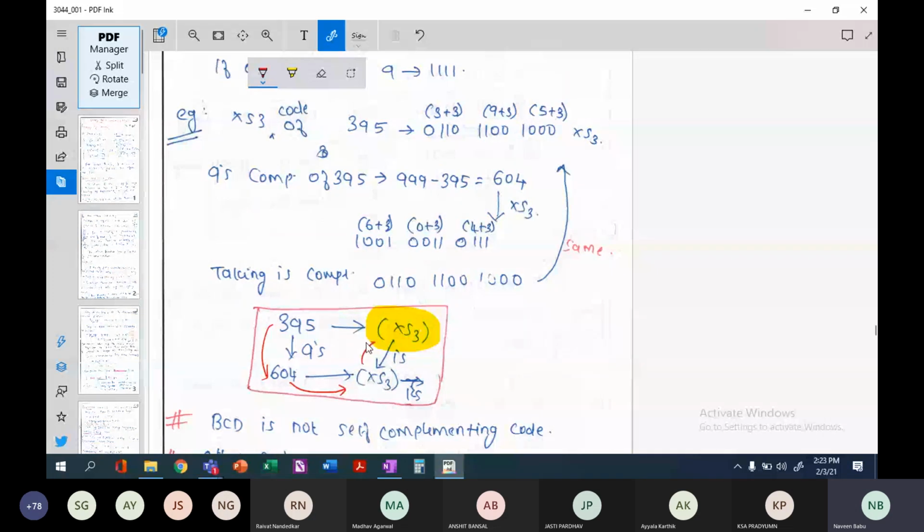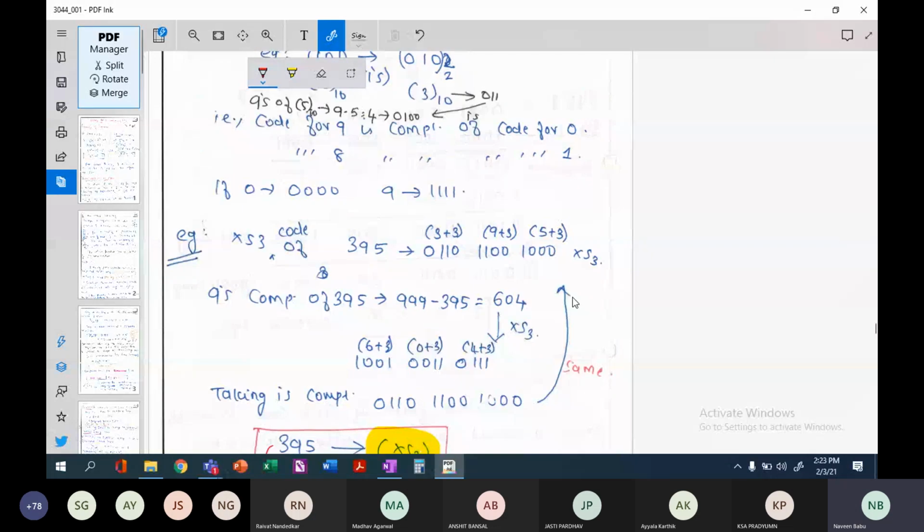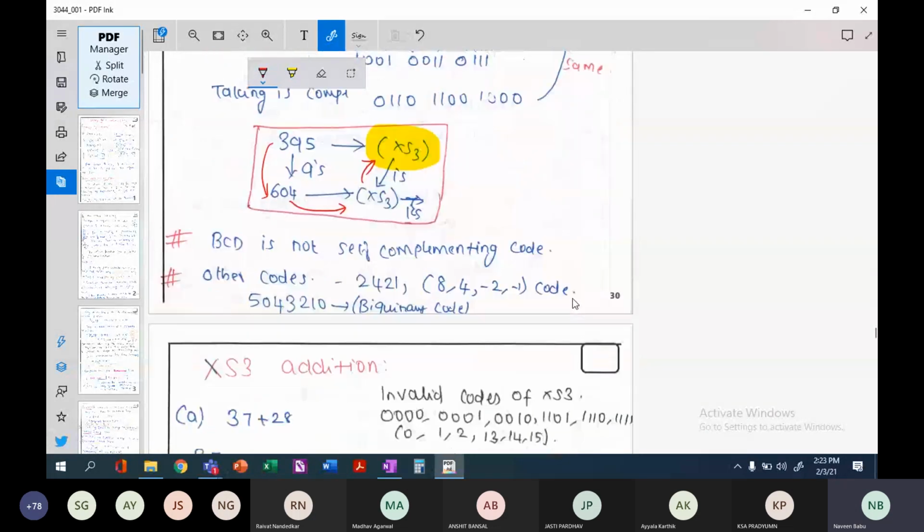Both the numbers will be same. So this is called as the self-complementing number. So again I repeat, a BCD code is not a self-complementing code.